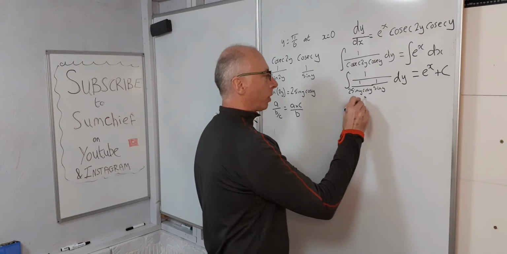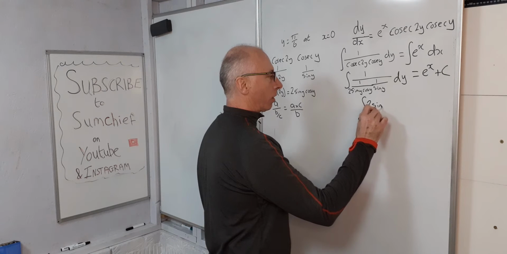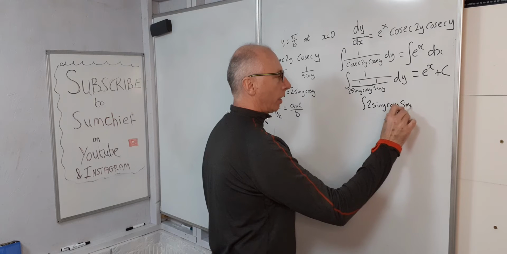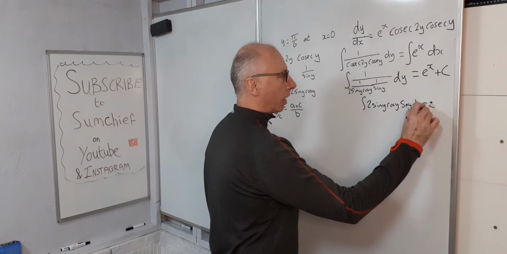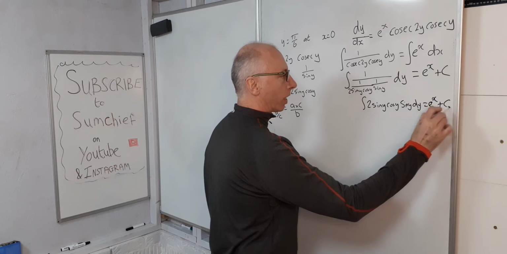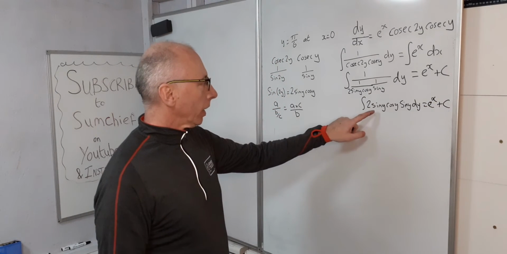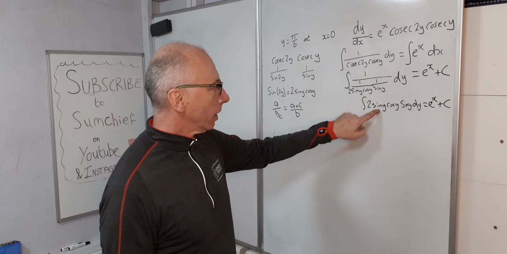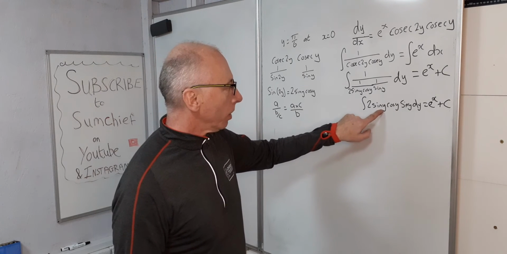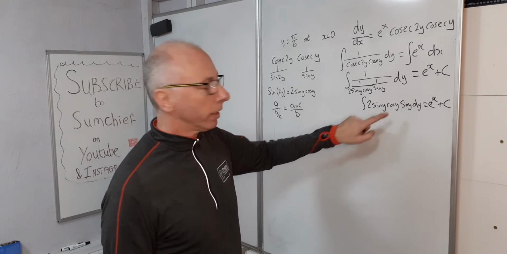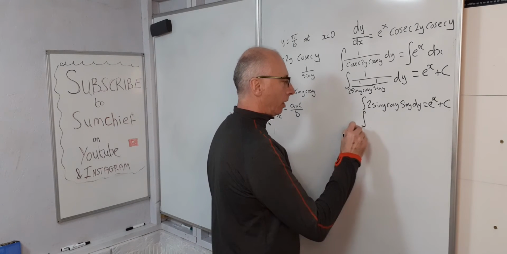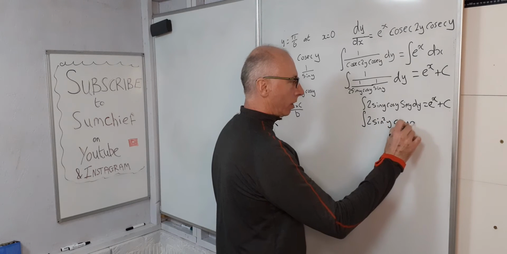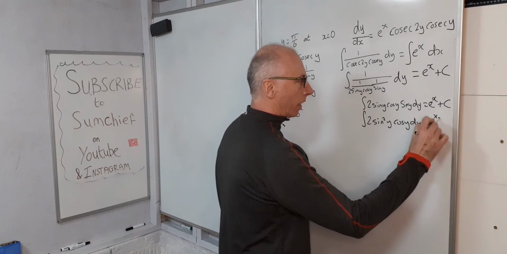We should have a straightforward looking integral: 2 sine y cosine y sine y dy equals e to the x plus c. So 2 sine y times sine y gives us a sine squared y, and then we've got one term for cosine. Let's tidy that up a little bit: 2 sine squared y cosine y dy equals e to the x plus c.